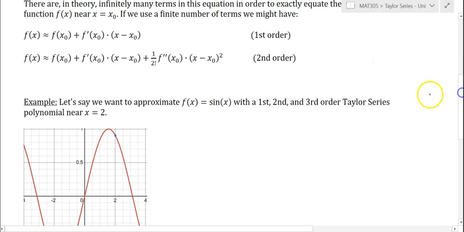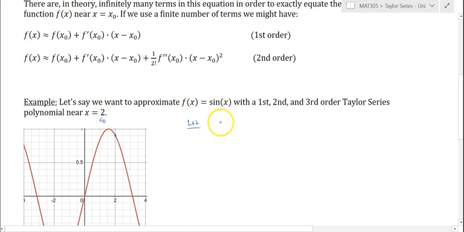So to do the first order approximation, what we need is we're going to use f of x naught. Okay, so x naught in our case is 2.